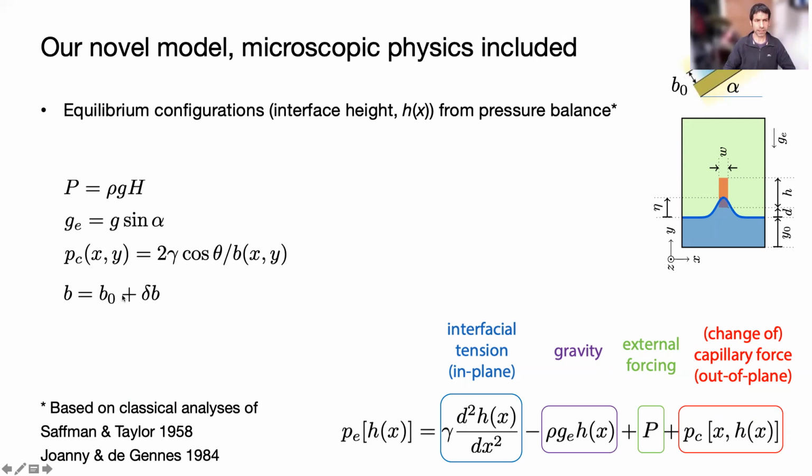Okay, so b is b_0, the Hele-Shaw cell mean width, or the external width, and then you have this delta b, the change. So b is just the sum of those. So b is changing. And this is the expression, the change in capillary pressure due to the out of plane change in thickness.